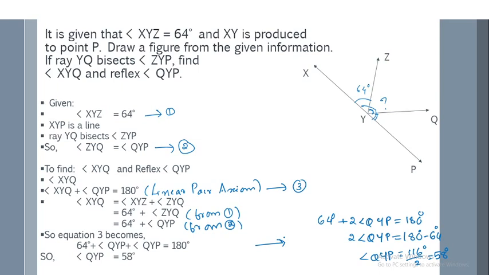Why can we write it like that? Because they are adjacent angles, we can add them. This is given as 64 degrees from our question, and angle ZYQ is 58 degrees. Then you get angle XYQ to be 122 degrees. We are just adding that.